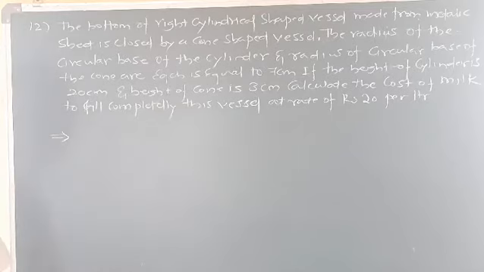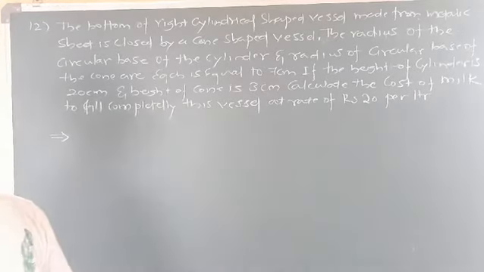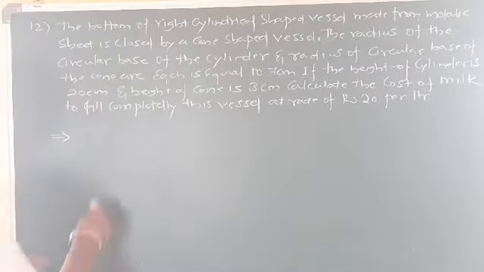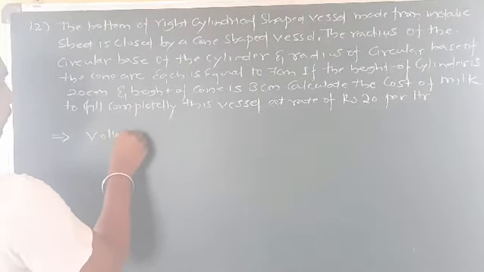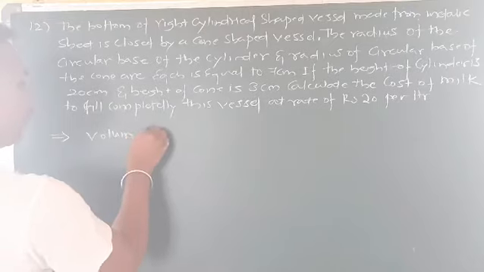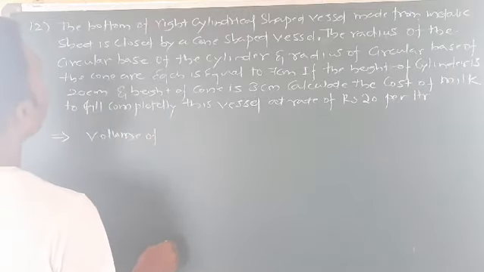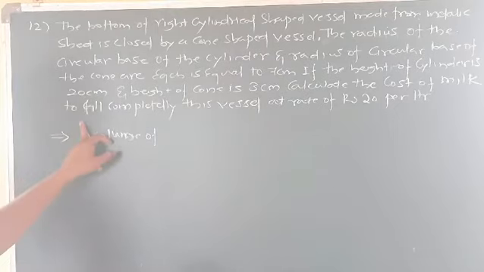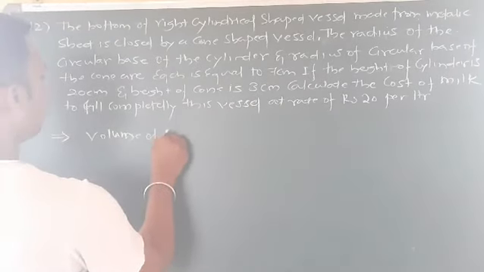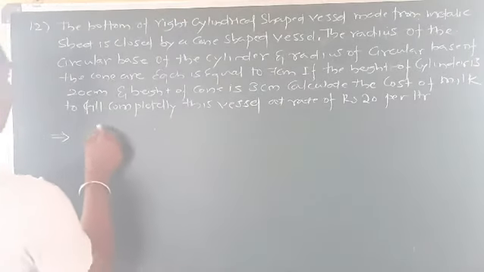Now what we need here is the volume, or you can say the capacity, to completely fill the vessel at the rate, calculate the cost of milk. So capacity of vessel, let me write this one.